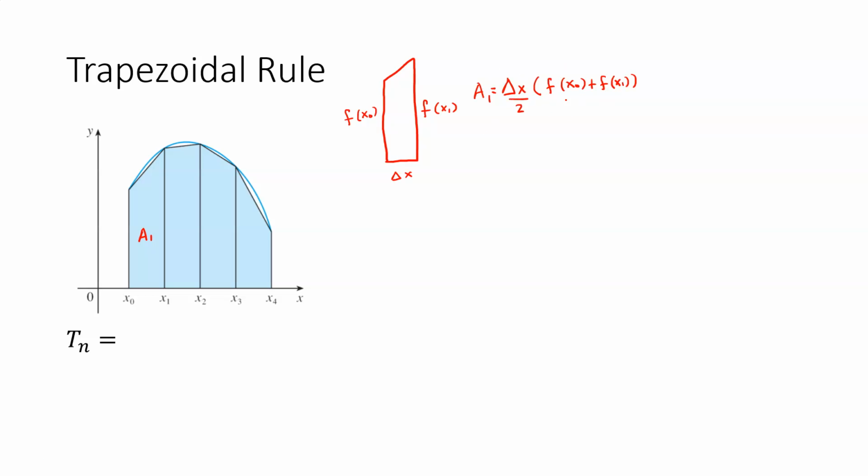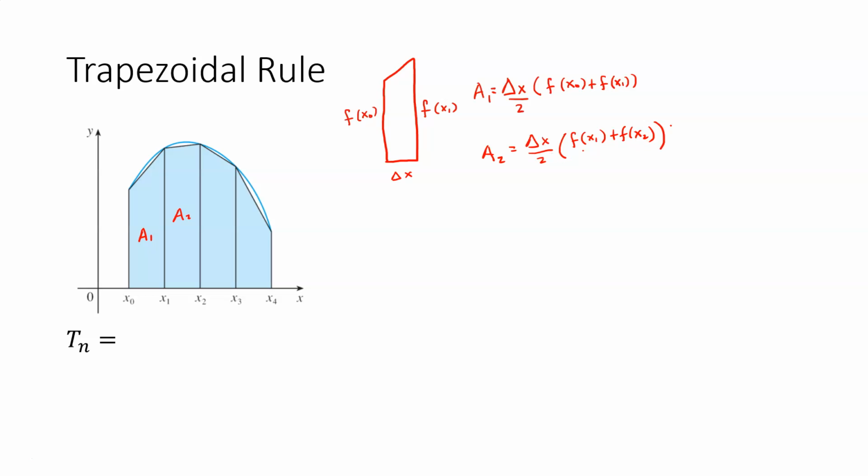So that's just using the area of a trapezoid formula, right? Or here, if I were to find the area of the second trapezoid, A2 would have the same kind of formula, delta x over 2. So you can imagine it's the same width, but the bases are now f of x1 and f of x2. So f of x1 plus f of x2 and then divided by 2.